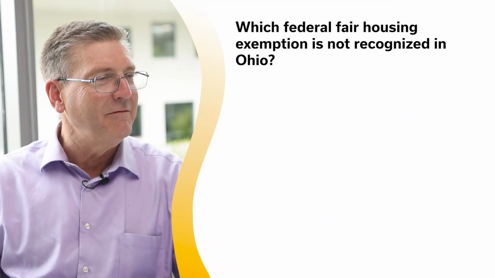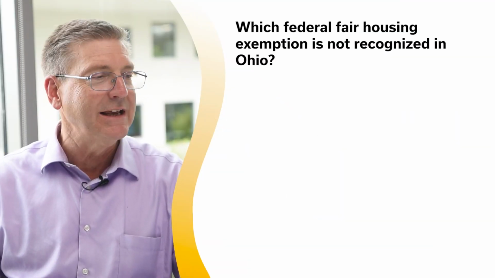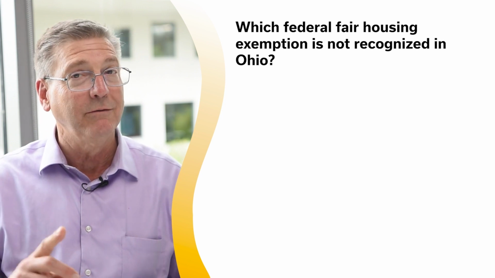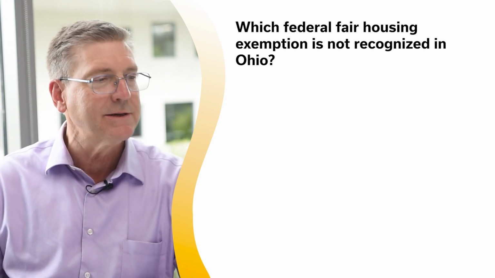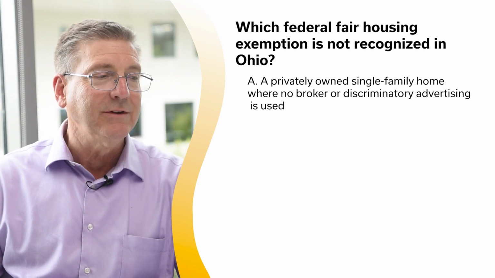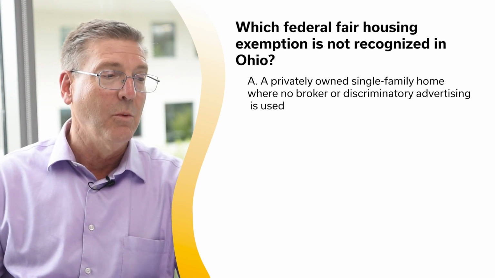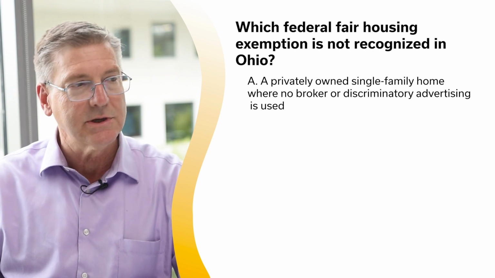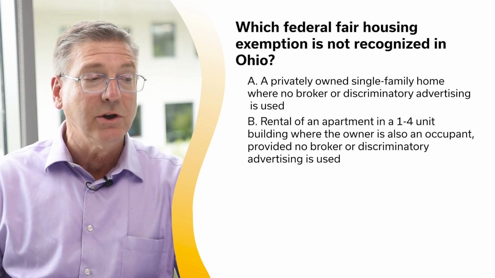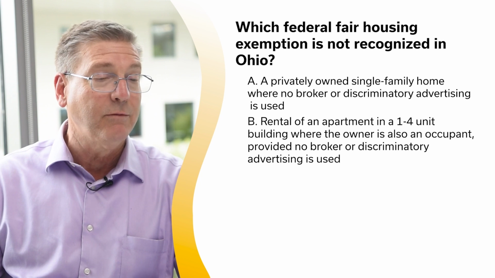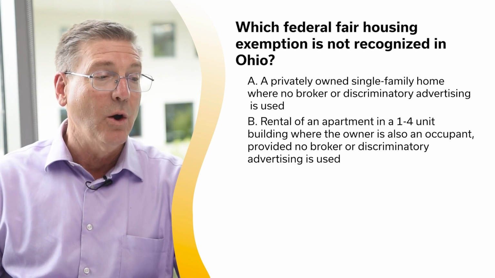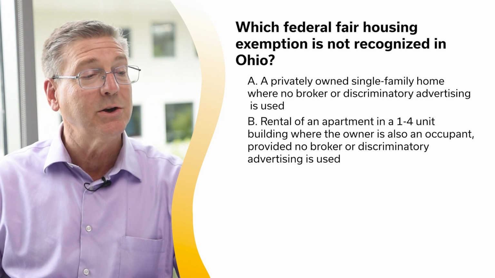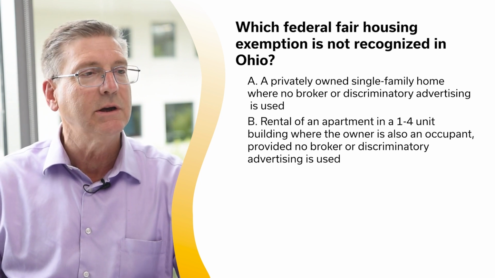Which federal fair housing exemption is not recognized in Ohio? Remember, we're looking for the one that is not recognized. A, a privately owned single-family home where no broker or discriminatory advertising is used. B, rental of an apartment in a 1 to 4 unit building where the owner is also an occupant, provided no broker or discriminatory advertising is used.